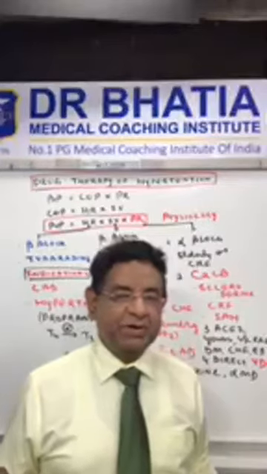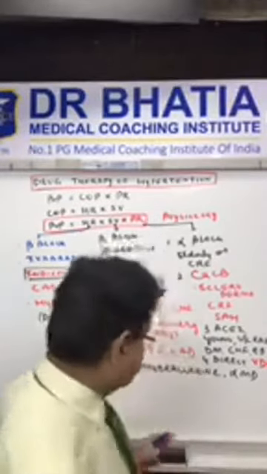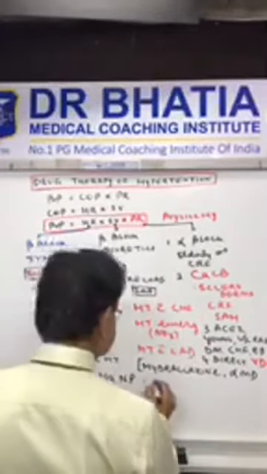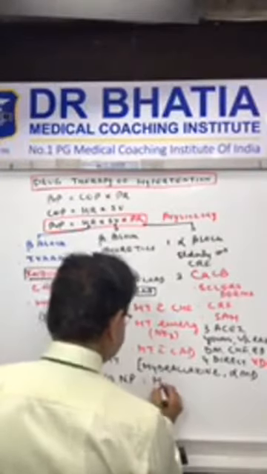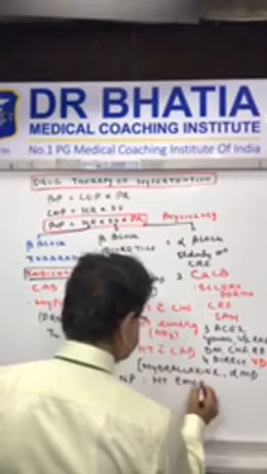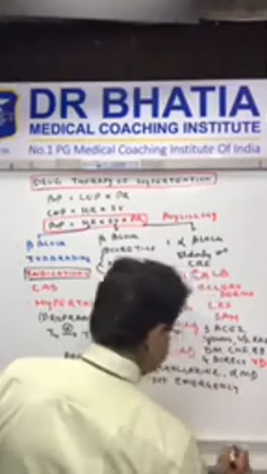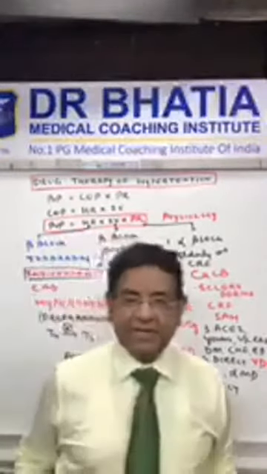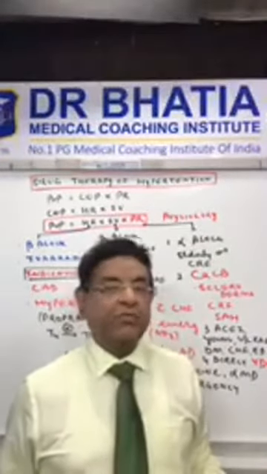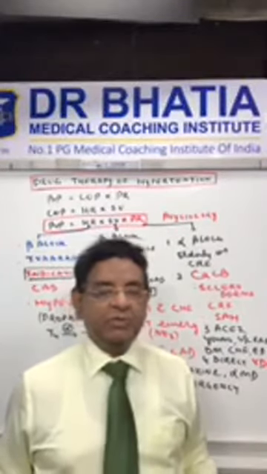That means it will reduce the preload as well as afterload. It's a wonderful drug for hypertensive urgencies and emergencies. One of the biggest advantages of this drug is the very wide safety margin. So it's a wide range.